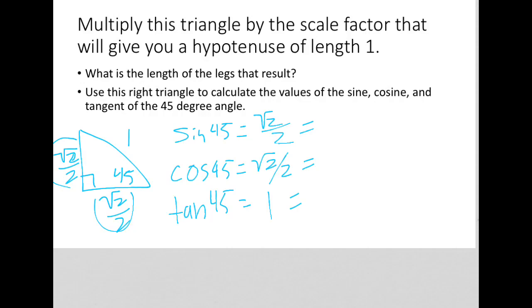But we need to think of this in terms of radians. So sine of 45 is the same as sine of pi over 4 radians. Cosine of 45 is the same as cosine of pi over 4. And tangent of 45 is the same as tangent of pi over 4.